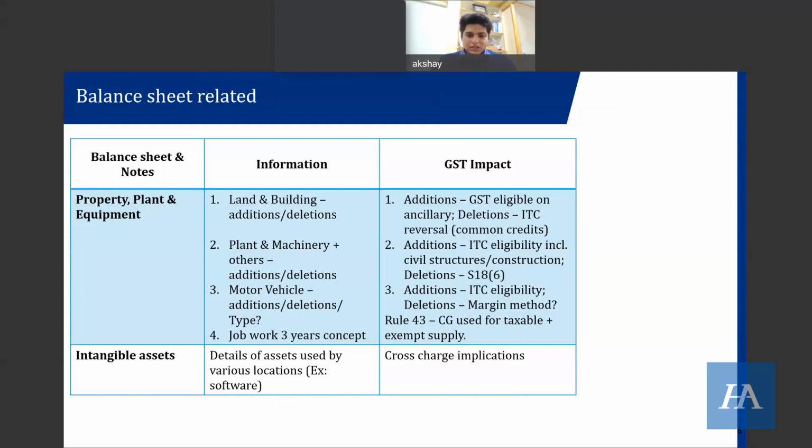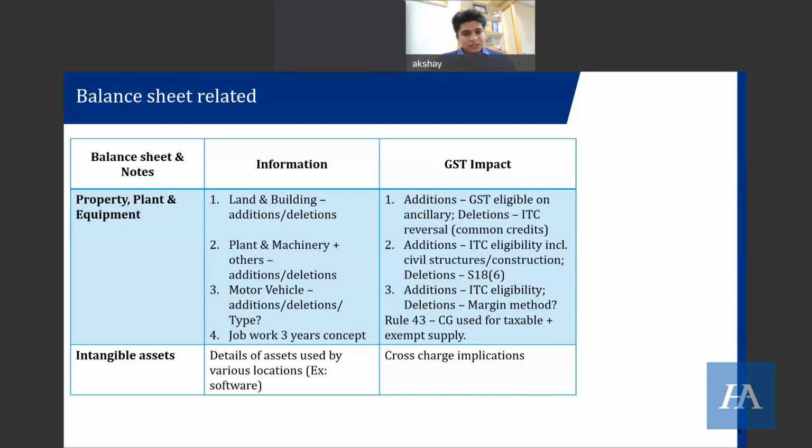The implication which arises is, if I have given the goods, say in this situation capital goods, to my job worker, and he has not returned these capital goods within 3 years, then it is deemed to be a supply under GST and I need to pay tax on the same. And the interest will apply from the date when I originally supplied. Therefore, this job work implication, even though it has an implication on capital goods, will not arise directly in the balance sheet. So there may be certain items where the implication arises out of GST, and then we need to verify in the financial statements.